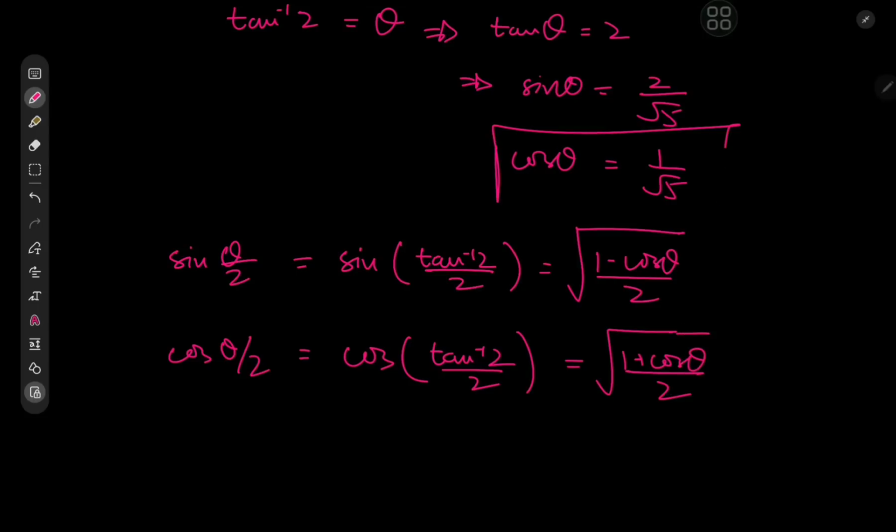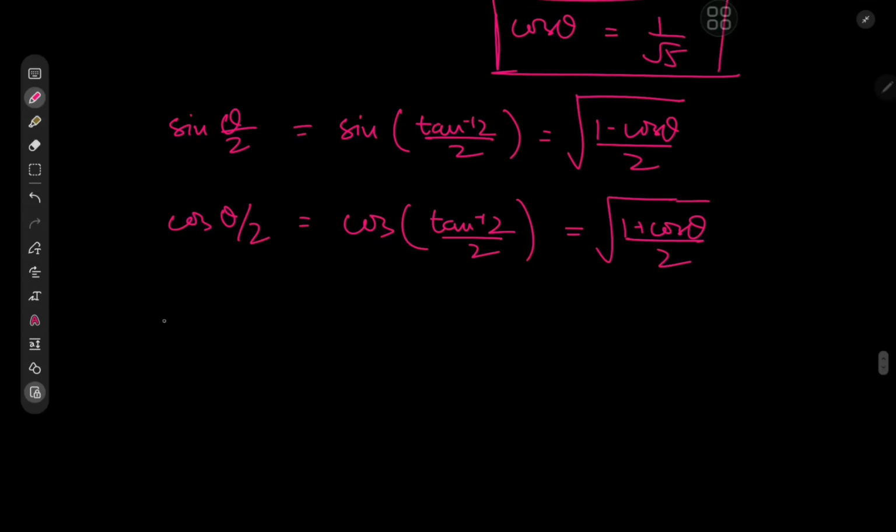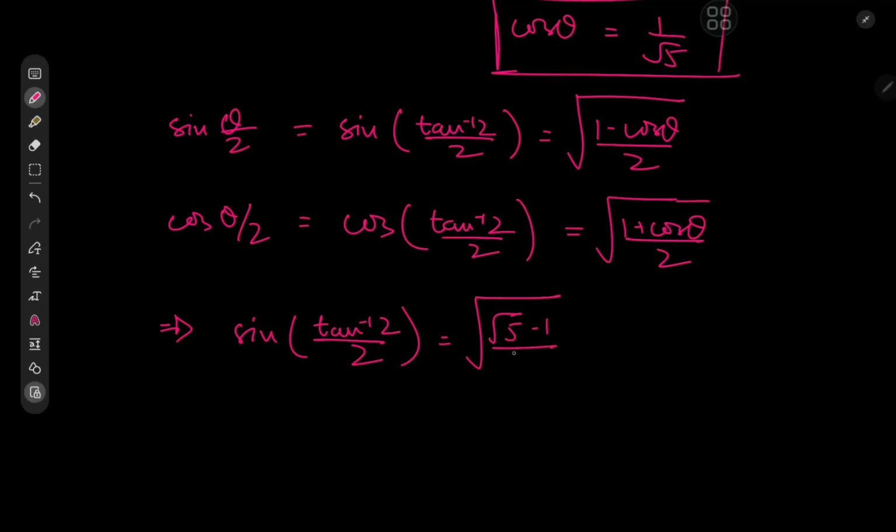And using the value of cosine theta that we have, we see that sine of inverse tangent 2 by 2 in fact equals root 5 minus 1 divided by 2 times root 5.